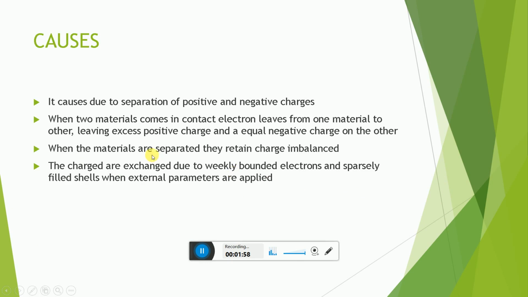How is this imbalance caused, or static electricity produced? It is caused by separation of positive and negative charge in a material. When two materials come in contact, electrons leave from one material to the other, leaving excess positive charge on one and an equal negative charge on the other.